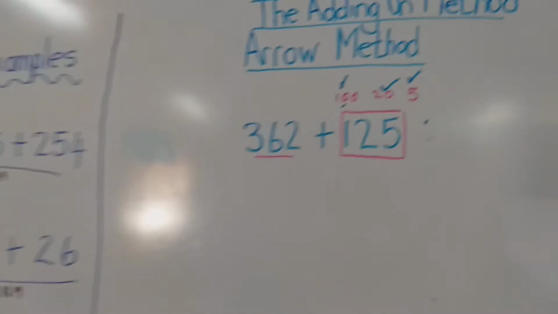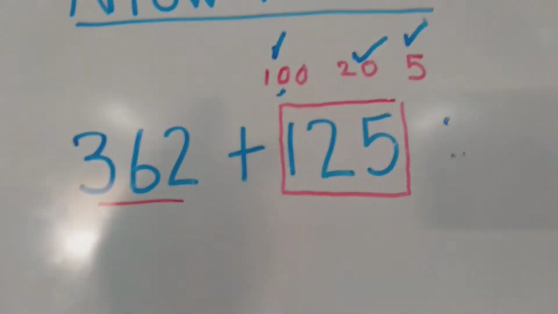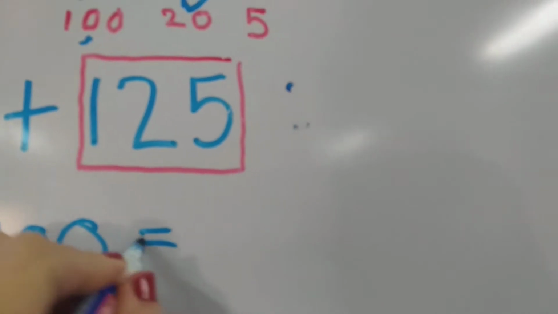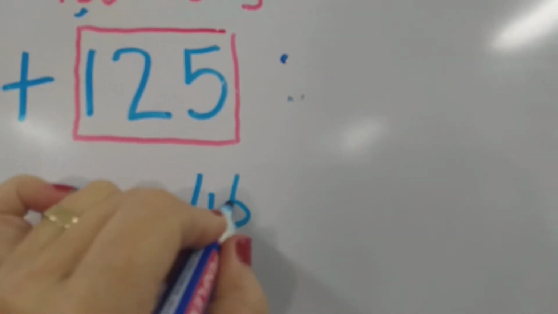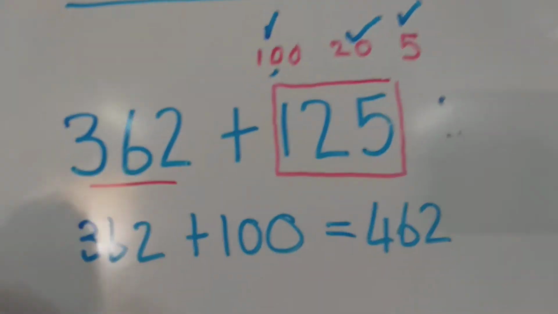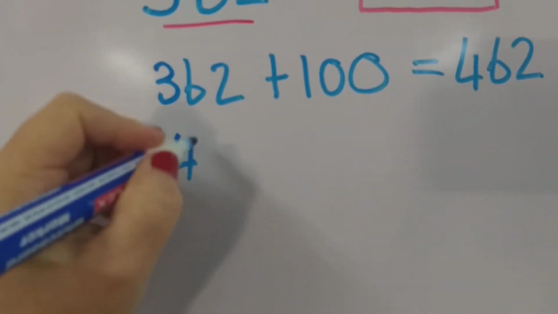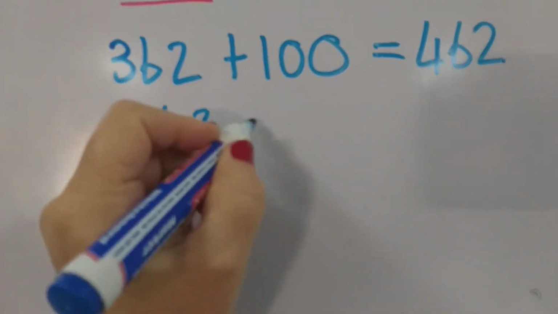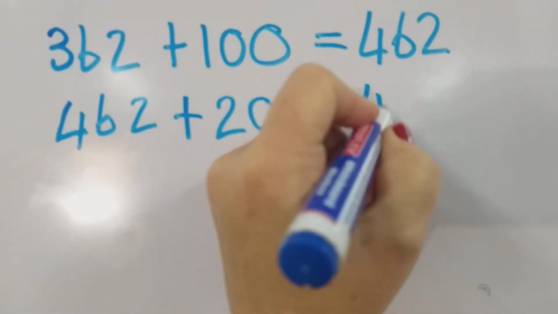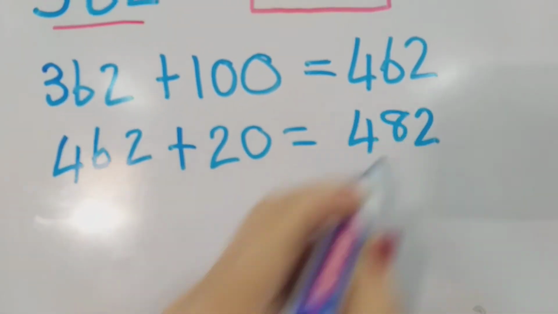Just leave it out. Let's try and do the sum without using the arrows. So if you have 362, and we're going to add on 100, we're going to have 462. Then we're going to add on our 20. So 462 plus 20 is 482.